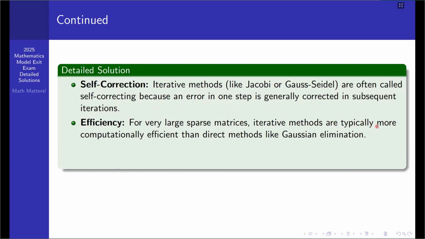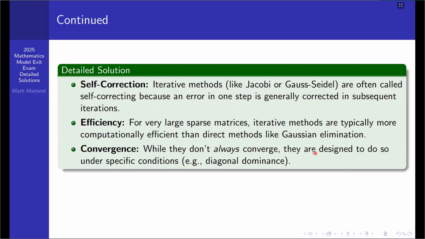Iterative methods are typically more computationally efficient than direct methods like Gaussian elimination for such systems. While they don't always converge, that is, they may diverge, there is a criterion for the given system to either converge or diverge.